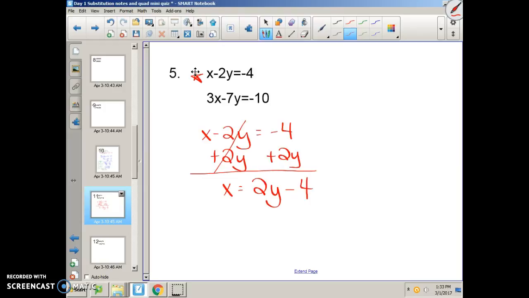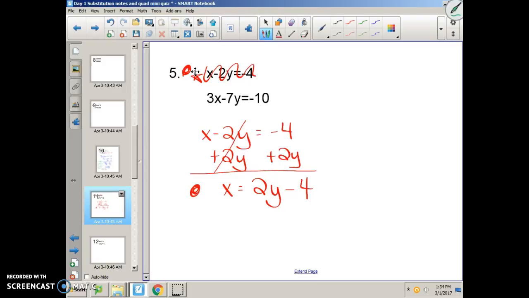Okay, so now I've actually gotten to the steps where we already had all the work done in the other problems. So I'm just going to lightly cross off that one because I don't want to use it anymore. This is the same as this. It's just rearranged. So don't use the old one anymore. Alright, and now we just do what we normally do. We have x equals 2y minus 4.